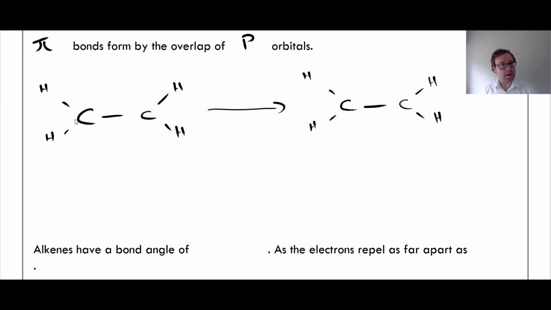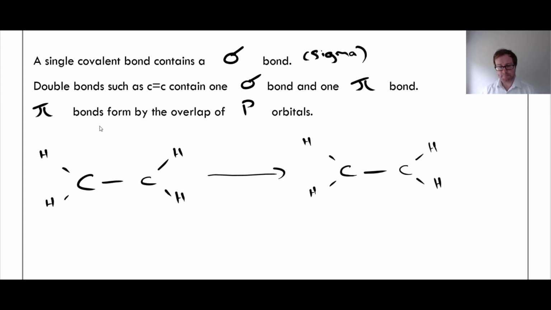Here, these single covalent bonds are my sigma bonds. These occur by atomic orbital overlap, using the s orbitals, and now I'm going to form my pi bond by p orbital overlap. You may know that the shape of a p orbital is a bit like a dumbbell.